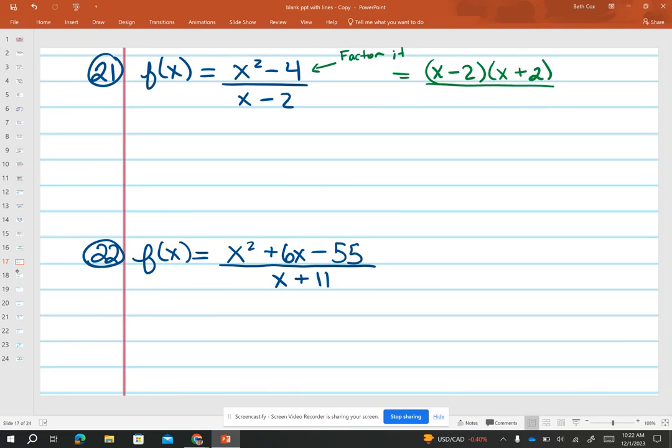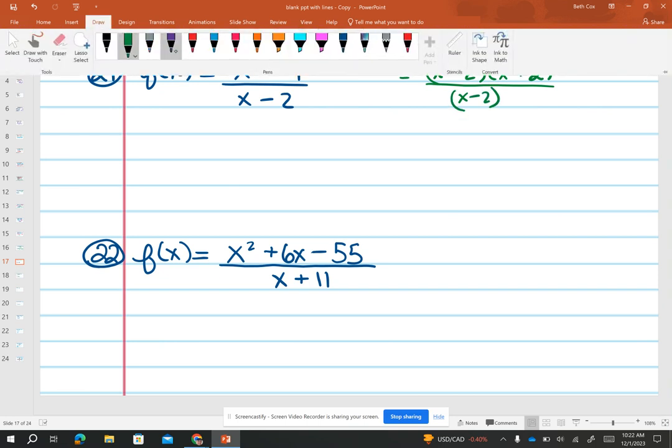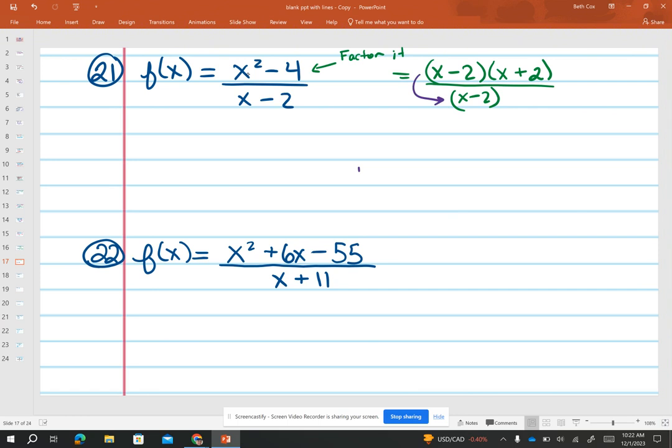The bottom is, of course, x minus 2. So now look, we have a match. This means a hole. So x minus 2 equals 0. x equals 2 is a hole.